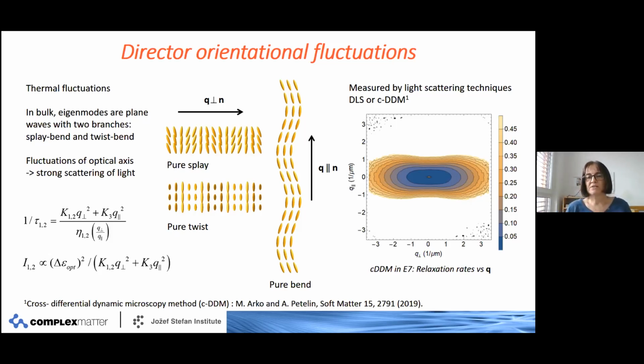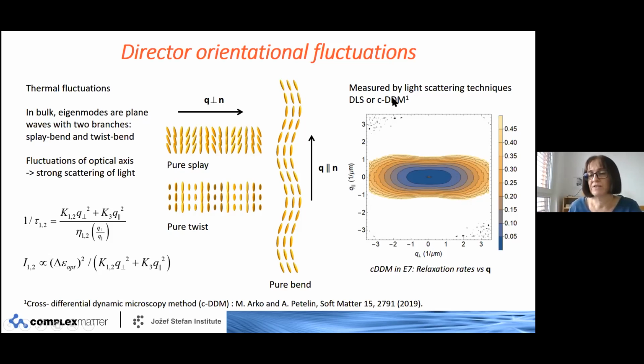And this enables us to measure the properties of the orientational fluctuations by light scattering techniques, as for example dynamic light scattering, or recently, because imaging techniques have become faster, we can also use microscopy methods, as for example cross-differential dynamic microscopy, which was developed in our group.